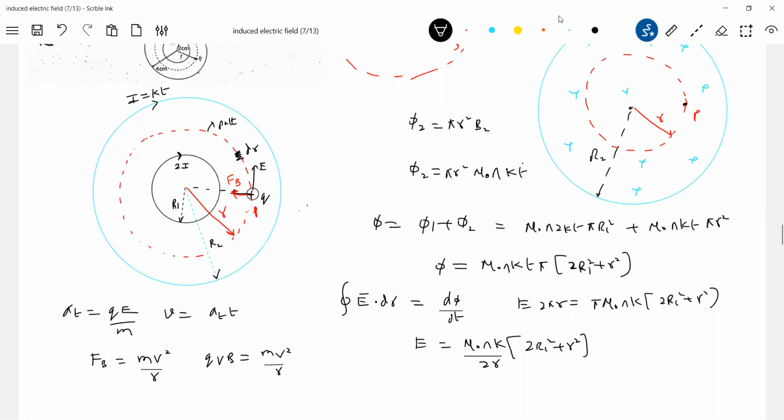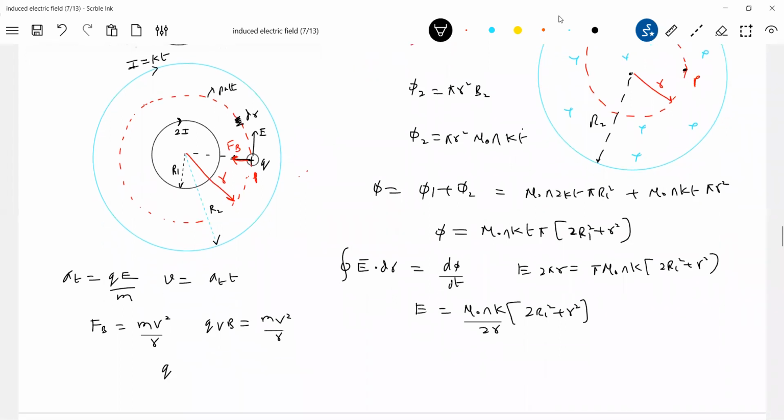μ₀nkt. Only due to the external solenoid it should be there, no? The magnitude there, then substitute that. So I think here we'll do one thing.